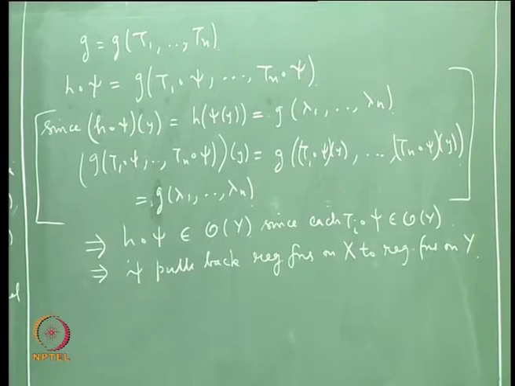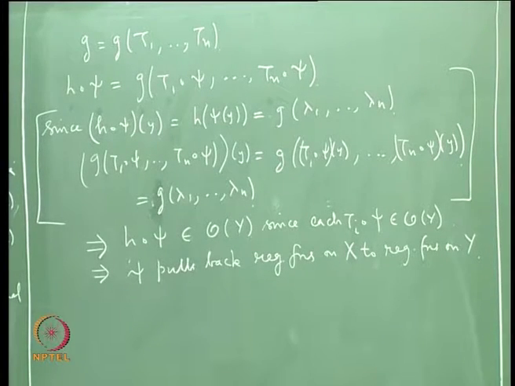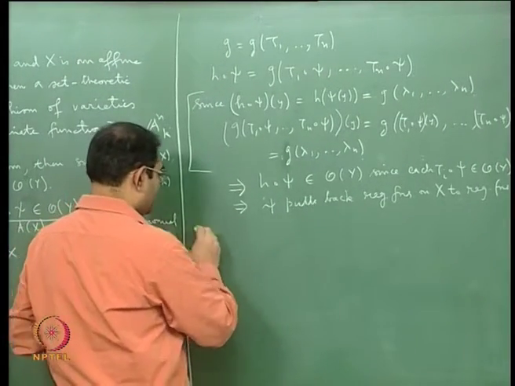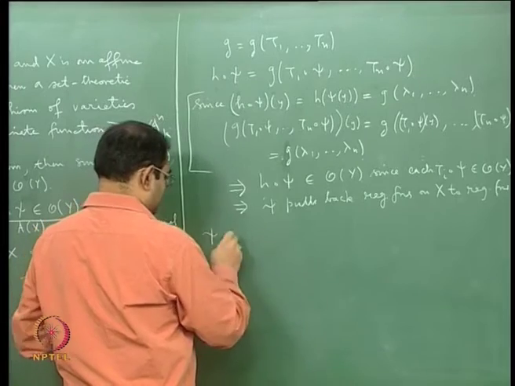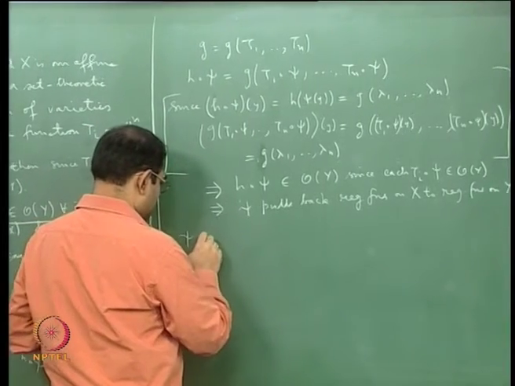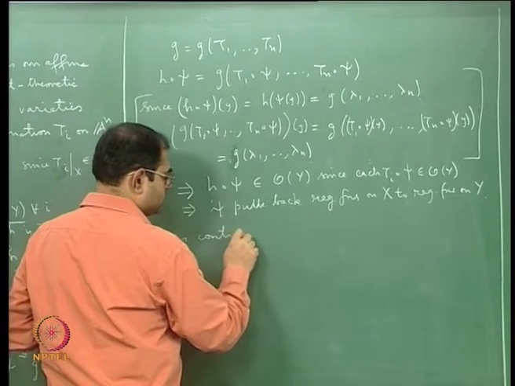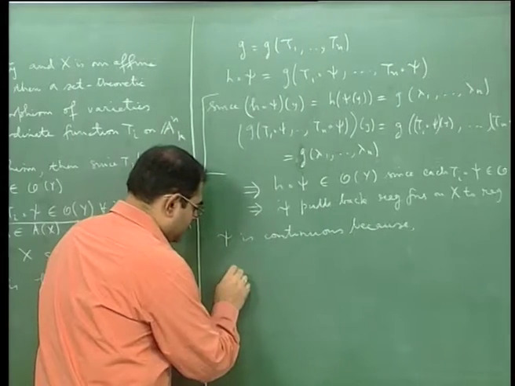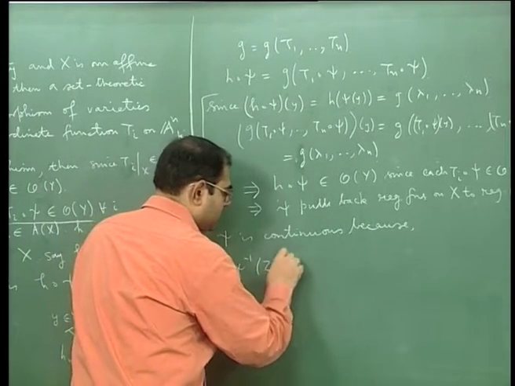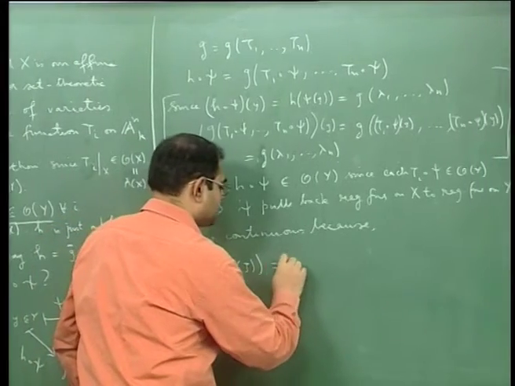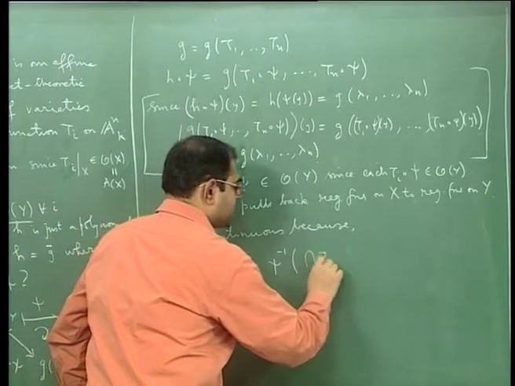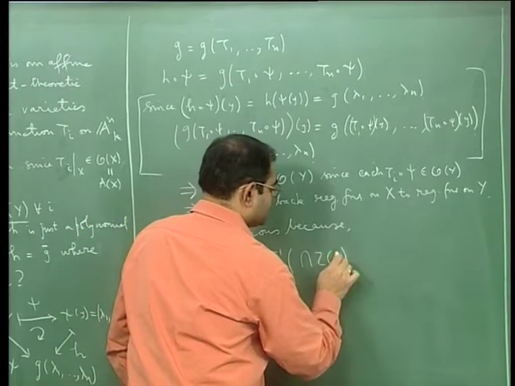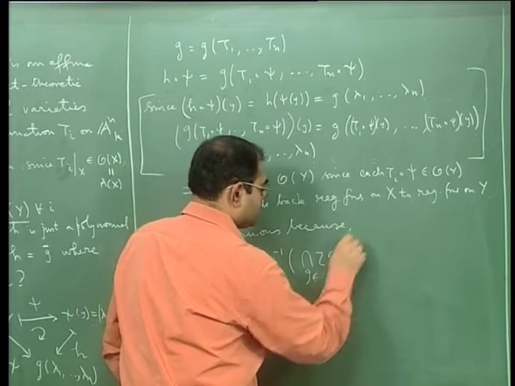The only other condition now I have to check is the continuity of psi, which will follow as I gave in the earlier proof. So only I have to check psi is continuous, and that's because of the following thing: psi is continuous because psi inverse of z of j is psi inverse of the intersection of z of g, g belongs to j.